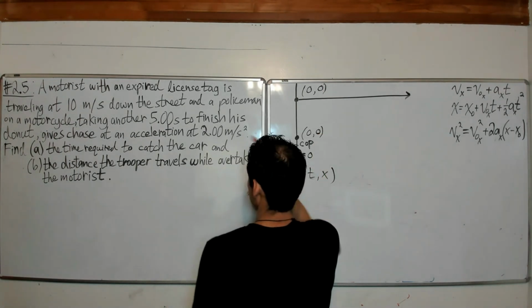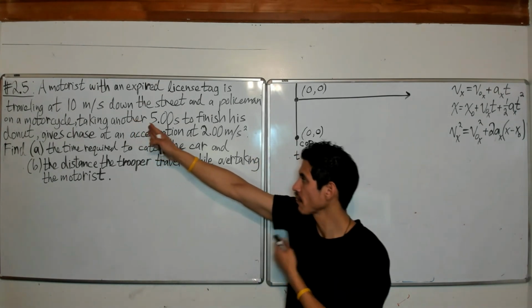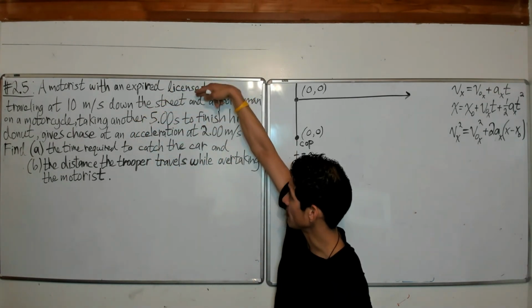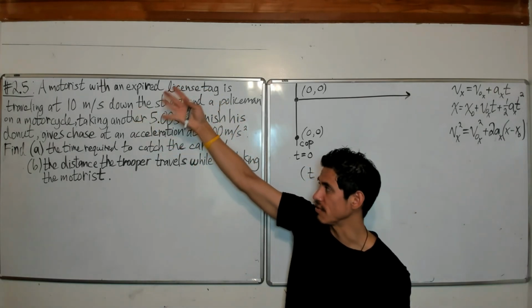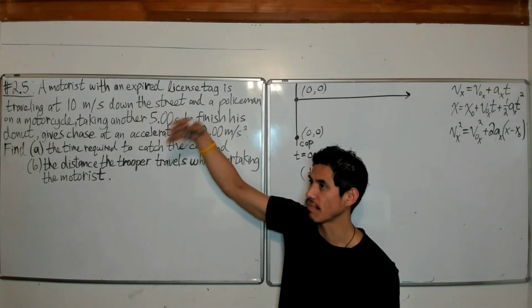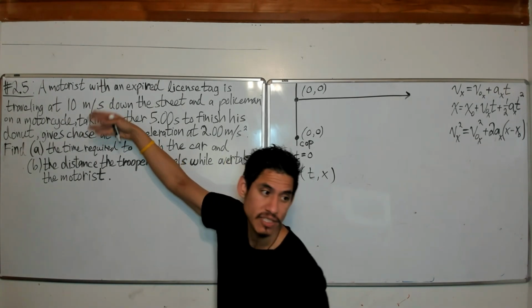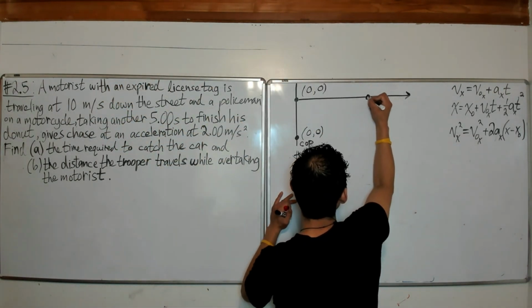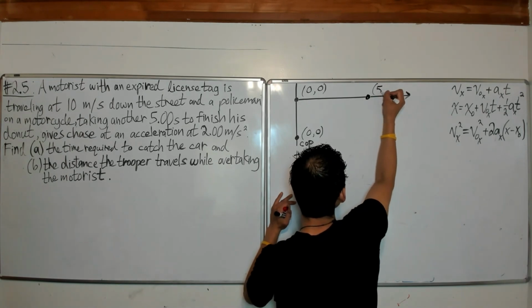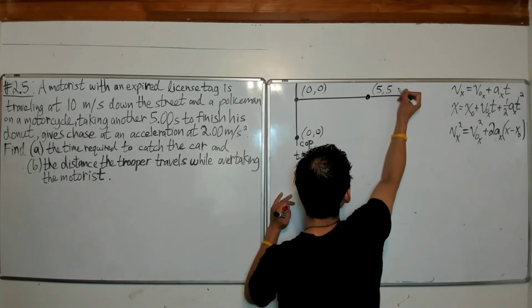Now it says in 5 seconds, how far would this guy have gone if he's going 10 meters per second? So it's just 5 times 10, because he's going 10 meters per second and he's not accelerating. So when t equals 5, his position will be 50.